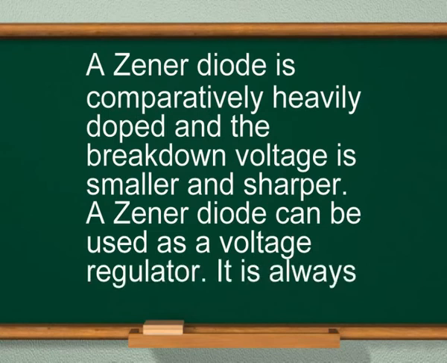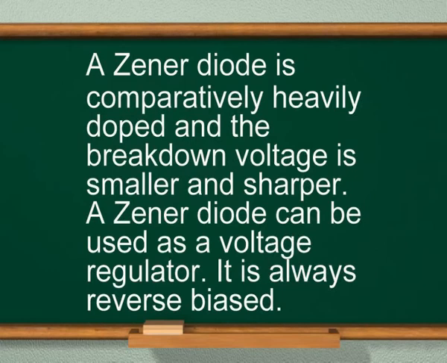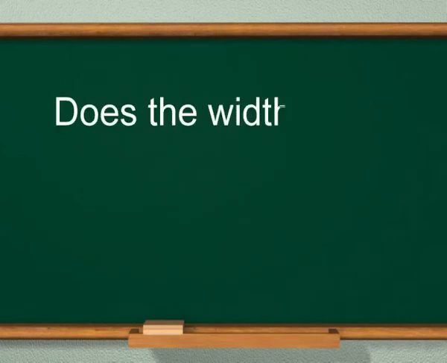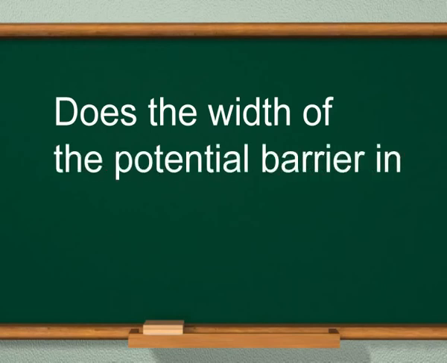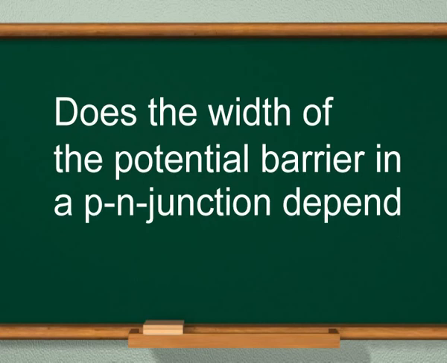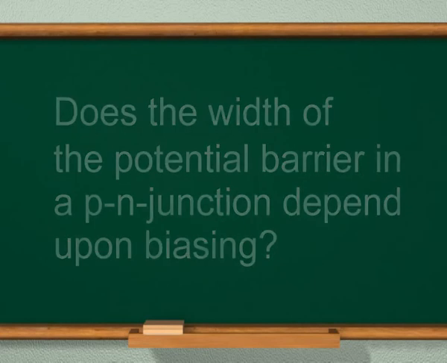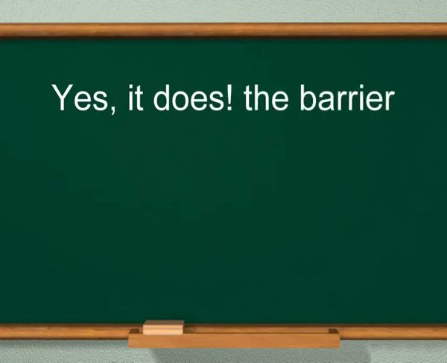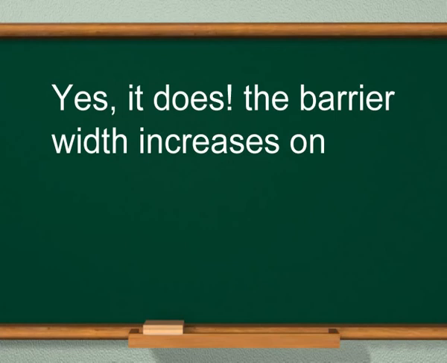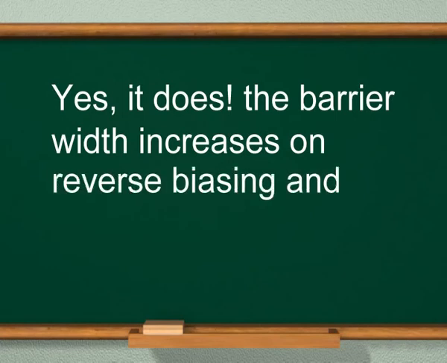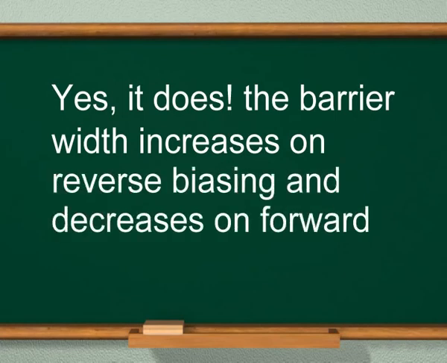It is always reverse biased. The next question is: does the width of the potential barrier in a PN junction depend upon biasing? The answer says yes, it does. The barrier width increases on reverse biasing and decreases on forward biasing.